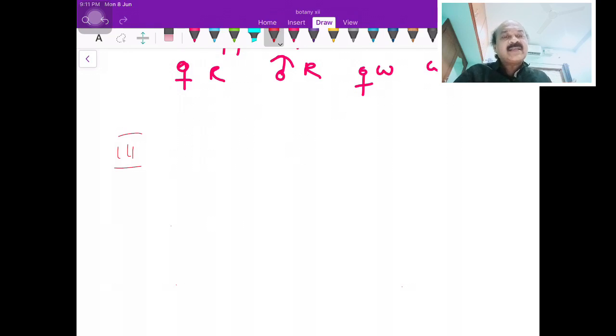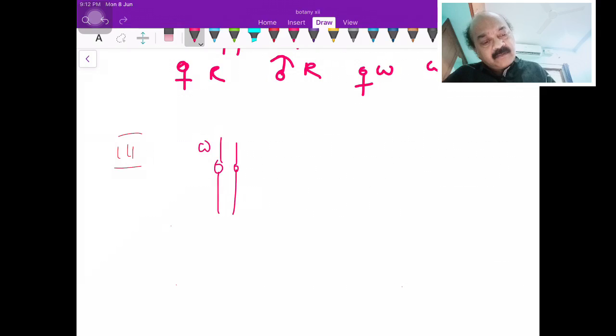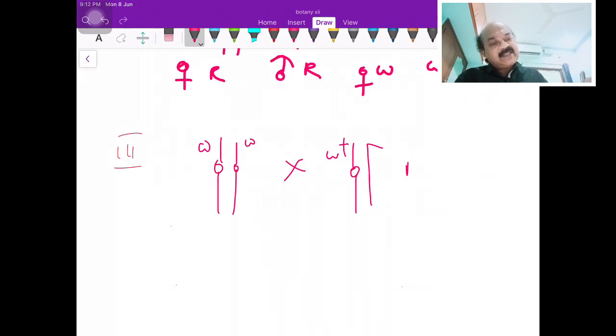The third cross is a reciprocal cross to the first cross. In this cross, we are crossing a white-eyed female with a red-eyed male.